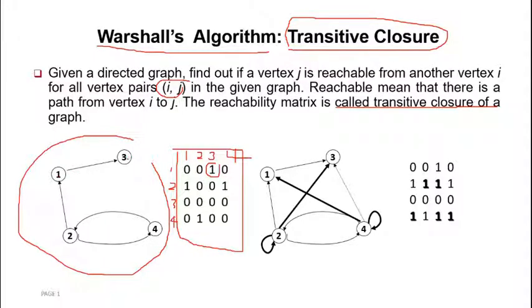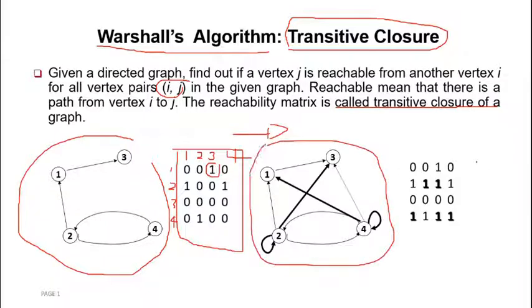The goal is to find the transitive closure of the graph, where we need to update the matrix. The first row is basically the same, but the second row becomes 1, 1, 1, 1. Entry (2,2) was 0 just now.